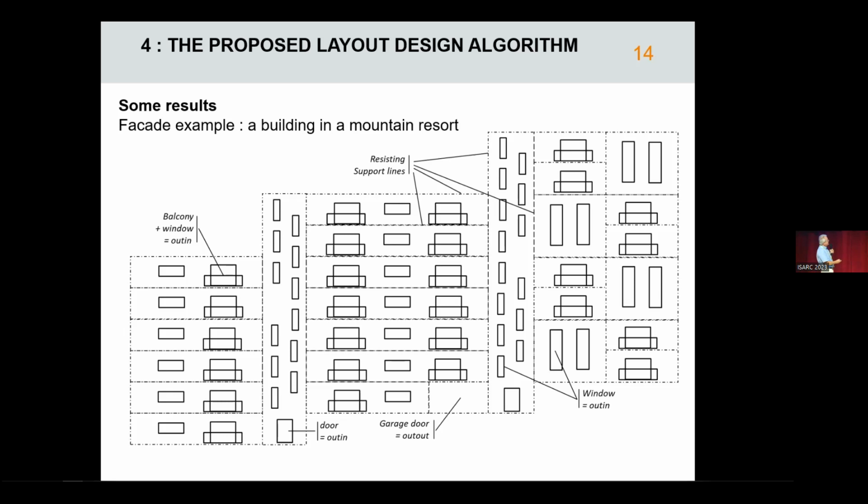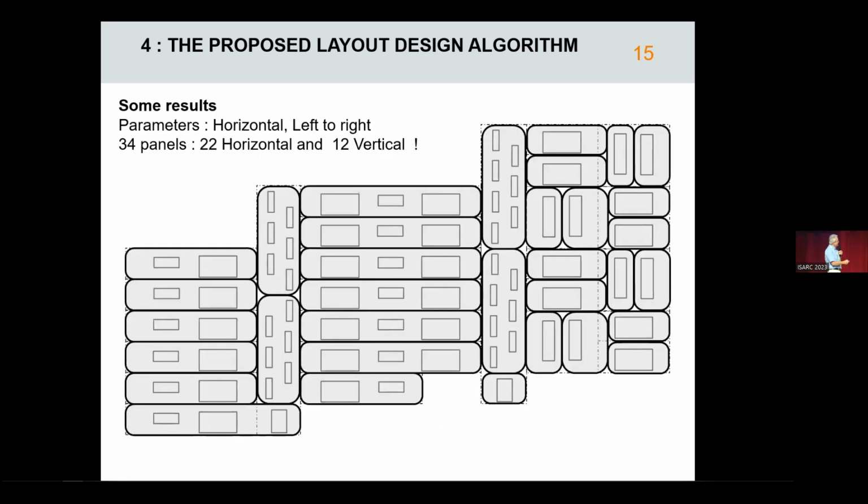So we're going to see an example of results. Here the setting for the algorithm was horizontal, going left to right. This means that we start here and we take the longest panel possible. The corners of the panels are circled just to ease the legibility of the figure; normally, of course, there are corners. So this is the first panel, and then after, we jump here and put the second one.